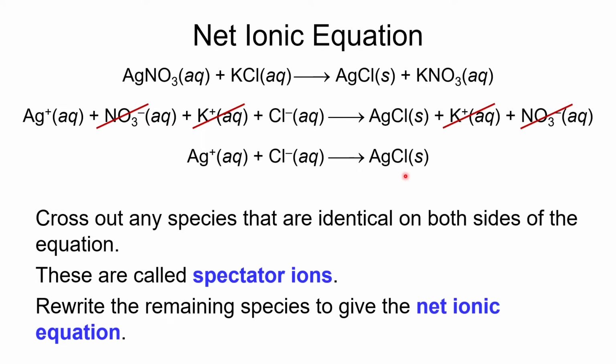It doesn't tell us everything that goes on in solution, but it does tell us what's changed. The other thing that's kind of useful is the things that are spectator ions, it's possible that you could have substituted something else in place of those spectator ions. So instead of potassium chloride, you could have picked sodium chloride, and you would have gotten the same result as far as the precipitation reaction goes. So that's one thing to think about.